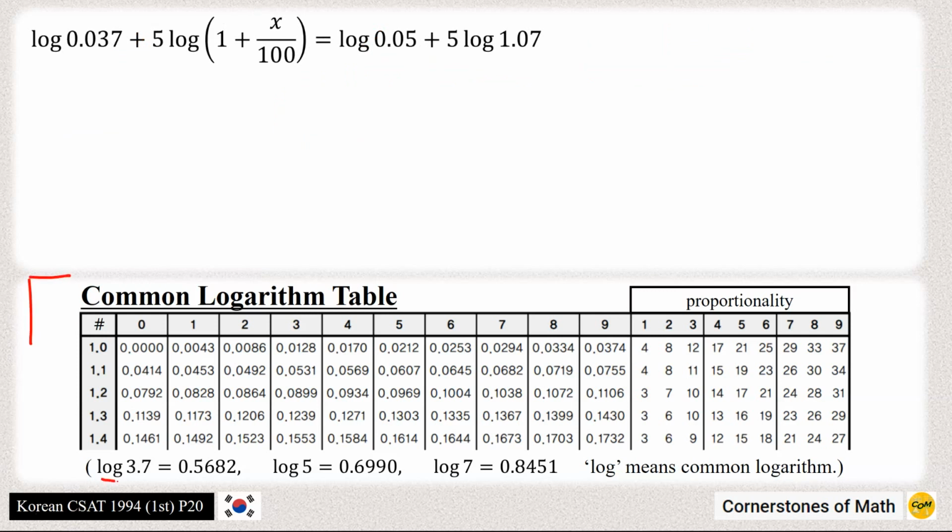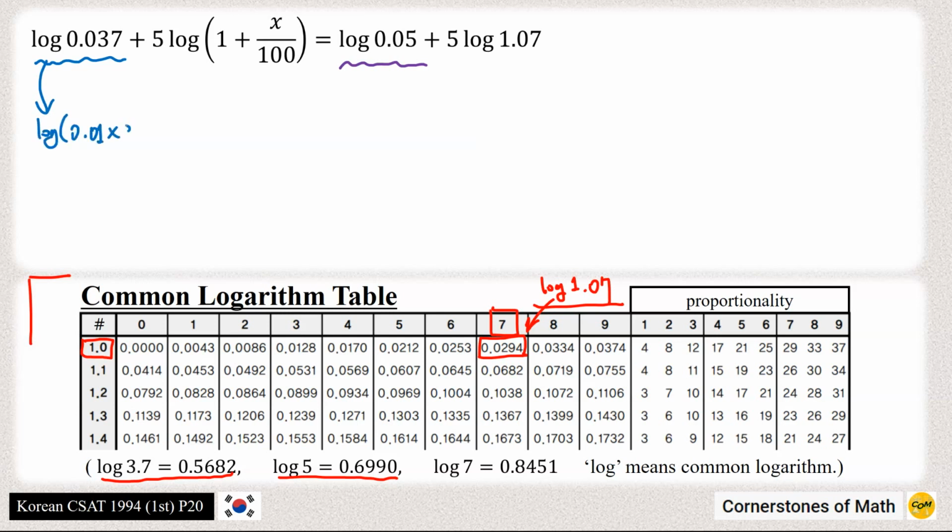We were given values of log 3.7, log 5, and from the log table, log 1.07. So we split these two terms. First, this log 0.037 can be written as log of 0.01 times 3.7. So log 0.01 plus log 3.7, and this log 0.01 is just minus 2. So minus 2 plus log 3.7.